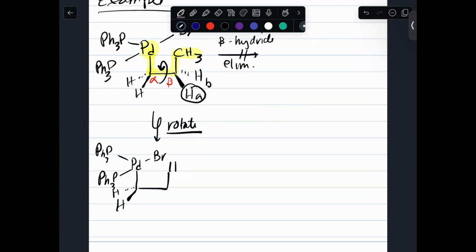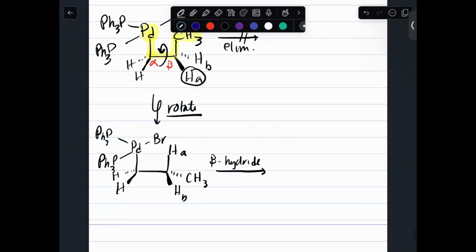If I rotate and my HA is now syn, that means that my hydrogen B is now wedged and my CH3 group is now dashed. If you choose HB, that means my CH3 group is going to be wedged and my HA is going to be dashed. Completely up to you in this case.